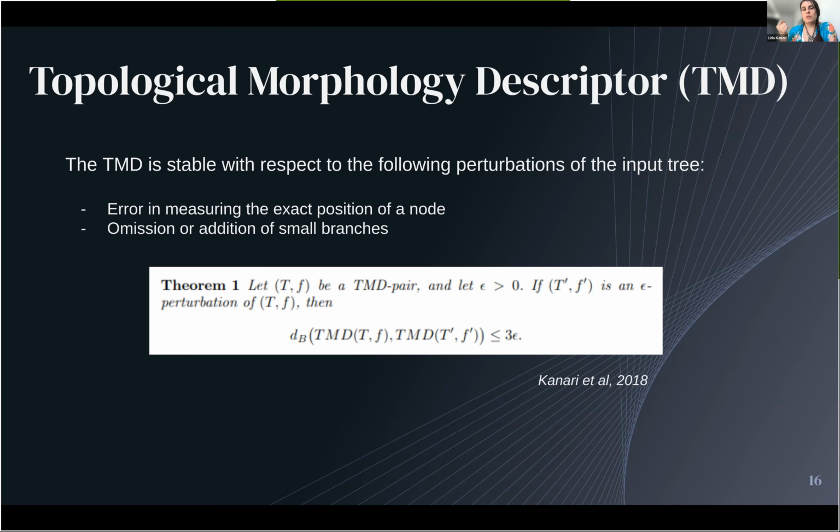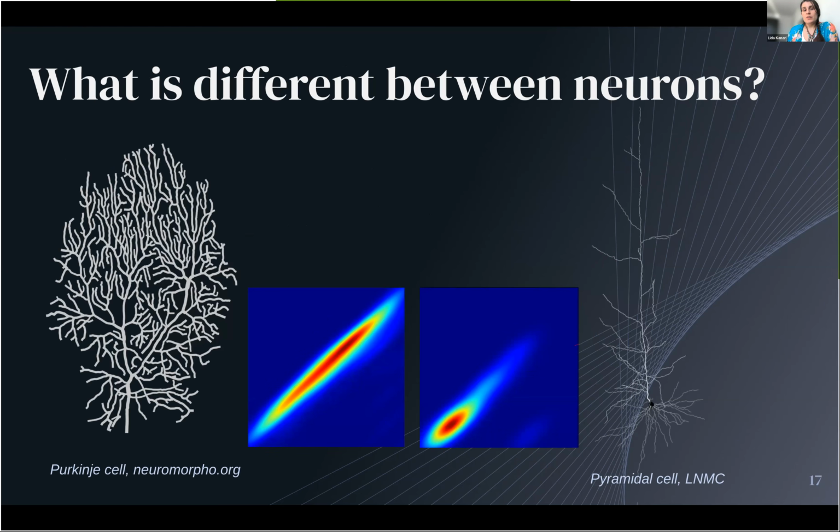If we take a tree and an associated function, let's imagine for now that this function is the radial distance from the soma, and we slightly perturb the tree by epsilon, then the bottleneck distance between the TMD of the original tree and the TMD of the perturbed tree is bounded by 3 epsilon. So this means that we have a stable descriptor of the neuronal structures.